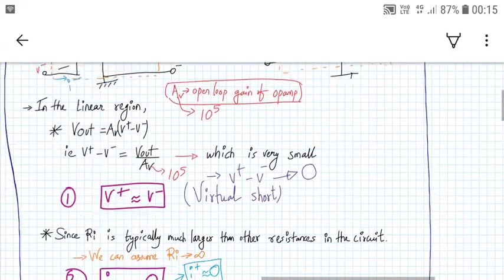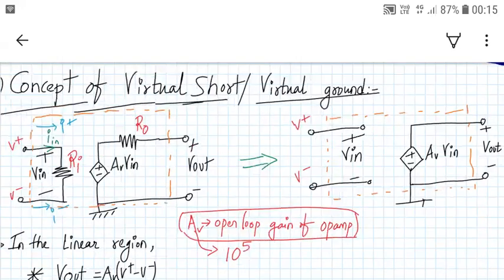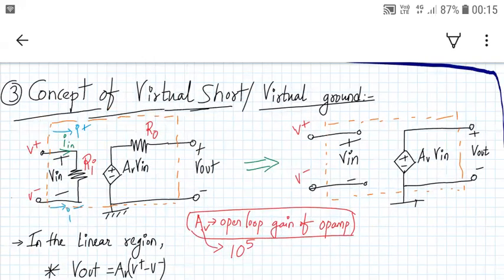Here it is, the concept of virtual short or virtual ground. On the left hand side circuit, we have already studied this. This is my practical op-amp equivalent circuit with the two inputs V plus and V minus.